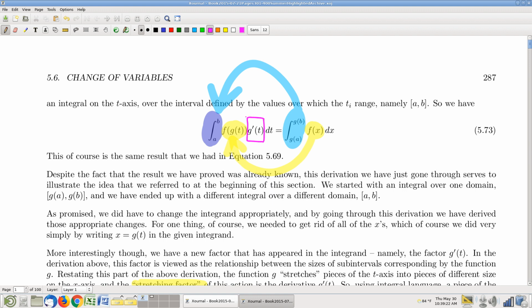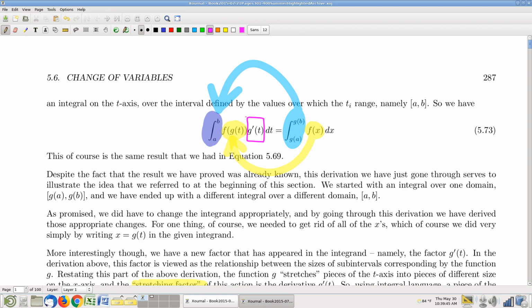This is what represents how much the little width dt gets stretched out to become the different sized width on the x-axis, dx. This, you might say, is the factor by which you stretch this piece of domain into that piece of domain.